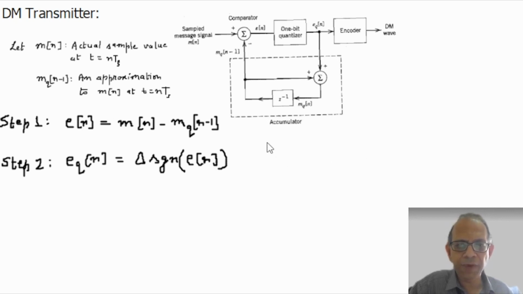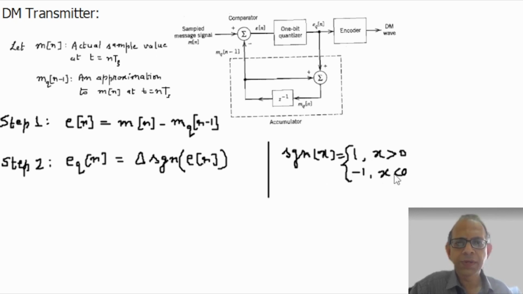Recall that a signum function, say signum of x, is equal to +1 for x greater than 0, and it is -1 for x less than 0. So here, whenever the error is positive, eq[n] will be plus delta, and whenever the error is negative, eq[n] is minus delta. And in step 3, this quantized error is added to the prediction at this instant for getting the approximation for the next sampling instant.